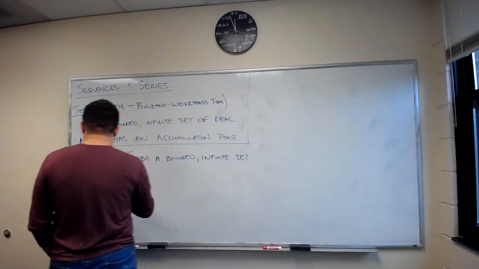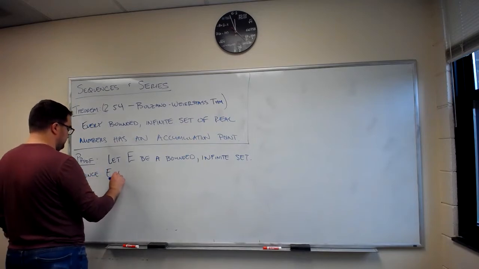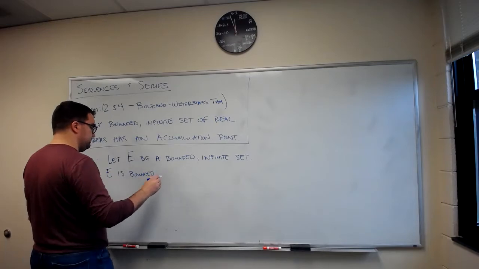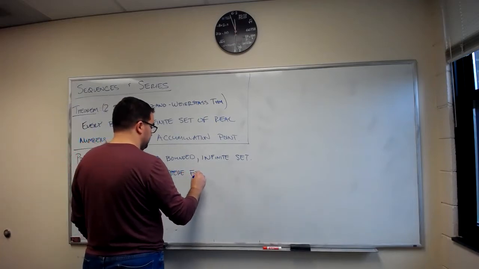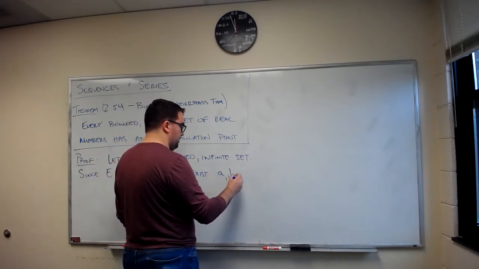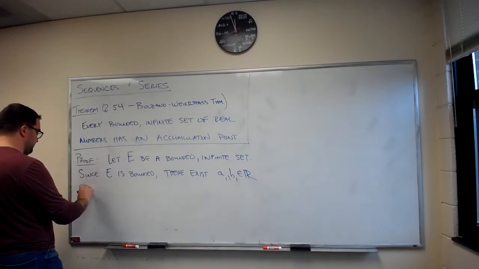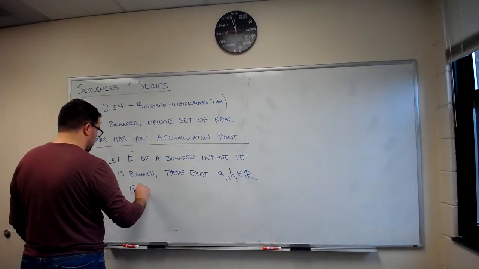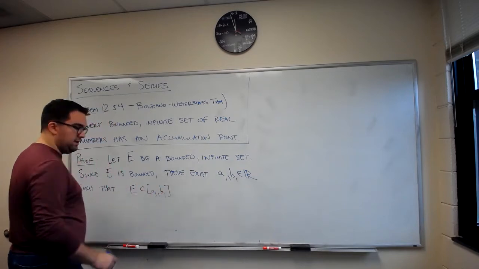Since E is bounded, there exist real numbers, I'm going to call them a_1 and b_1, such that E is contained in the interval [a_1, b_1], right?